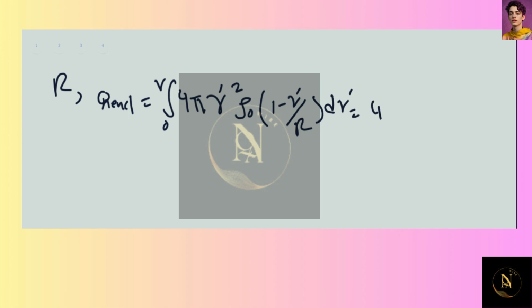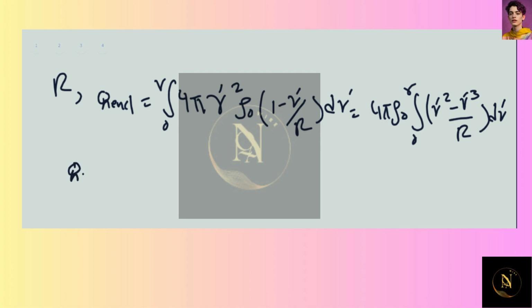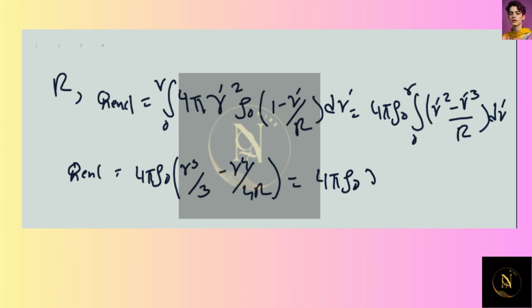This gives us 4 pi rho naught times the integration from 0 to small r of r dash squared minus r dash cubed divided by R. Then the charge enclosed we get after integrating is 4 pi rho naught times r cubed divided by 3 minus r to the fourth divided by 4R, and this is equal to 4 pi rho naught r cubed, taking r cubed outside, 1 over 3 minus r divided by 4R.